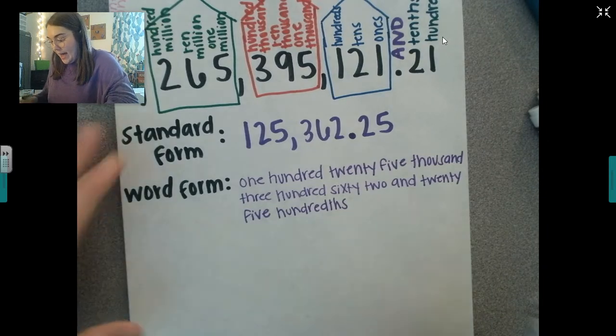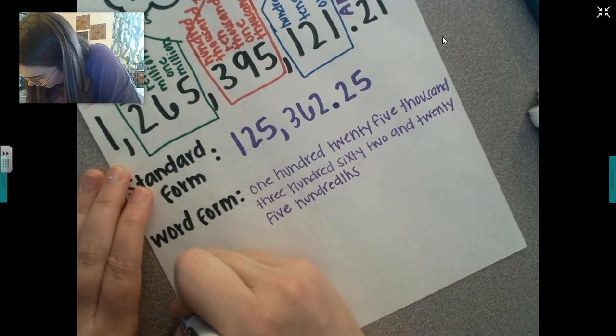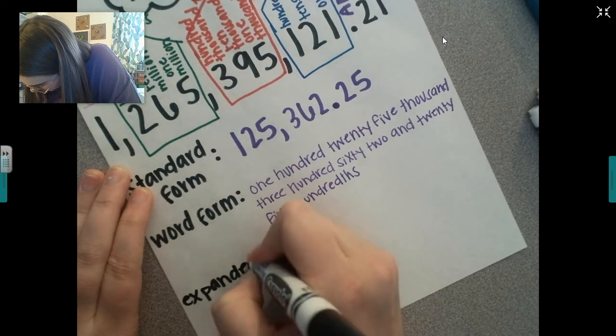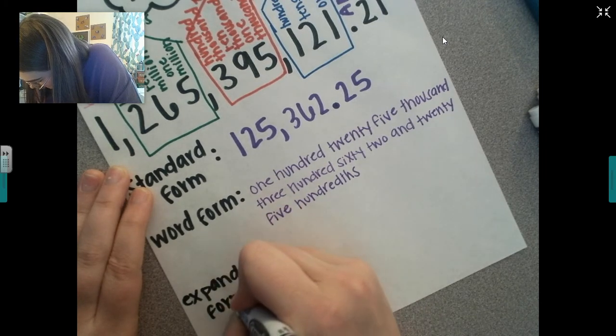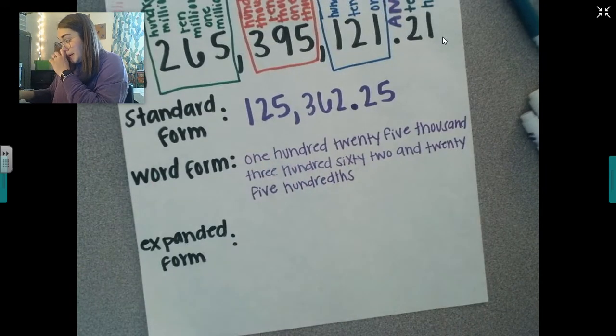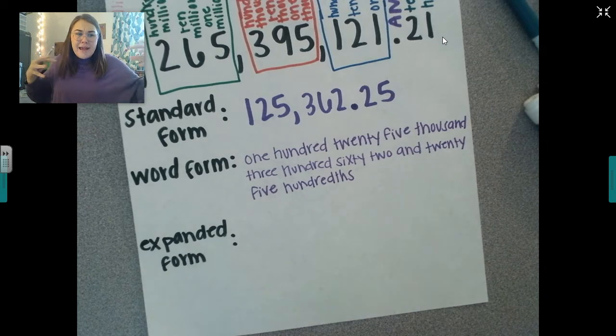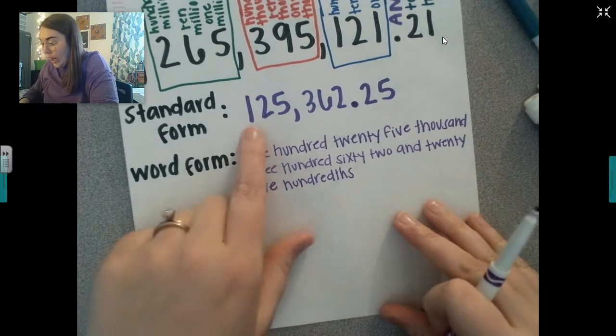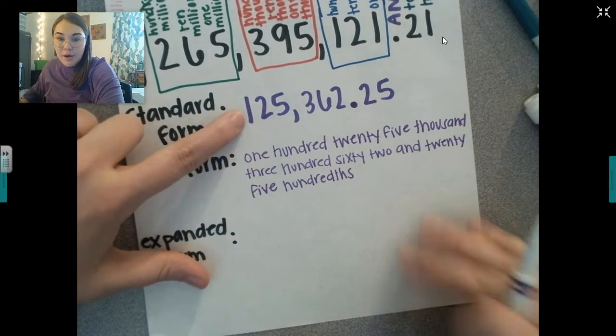Then we have expanded form. Expanded form is when you break the number up by its place value. You stretch it out by its place value. So for example, on this one, I would start with my 1.